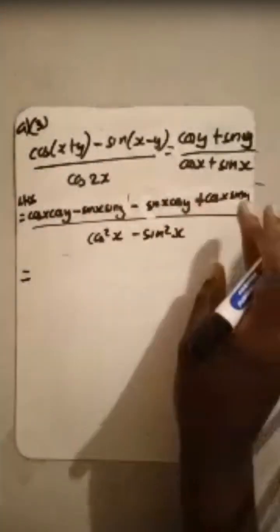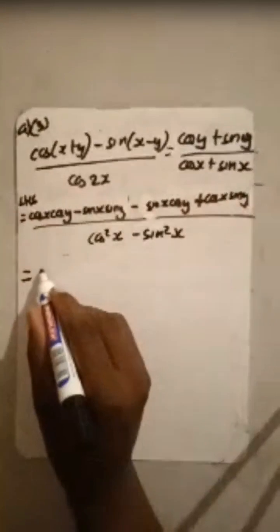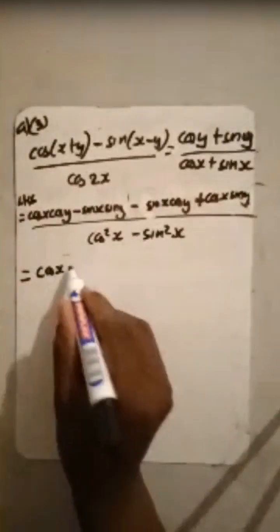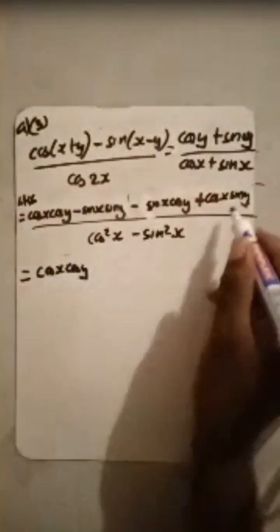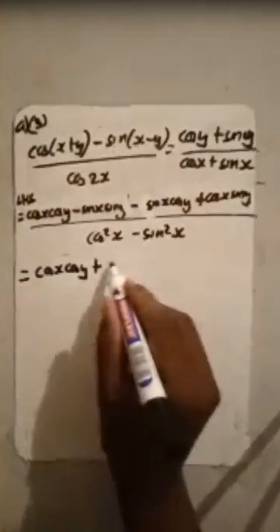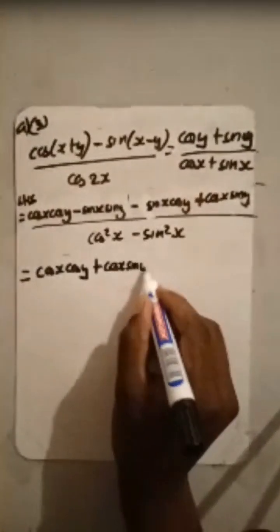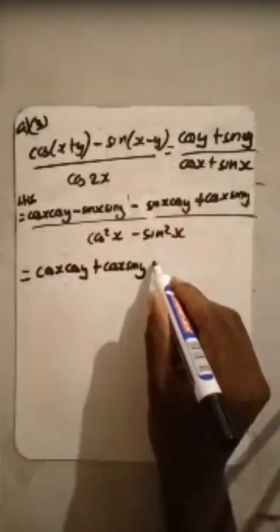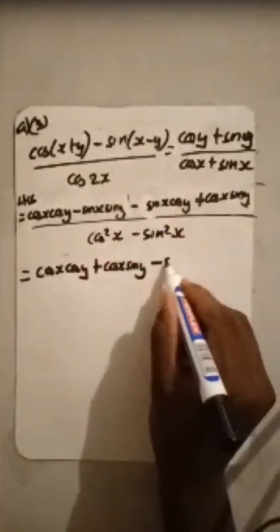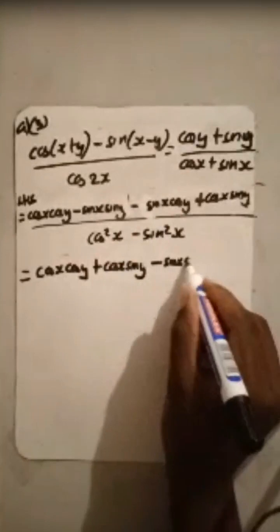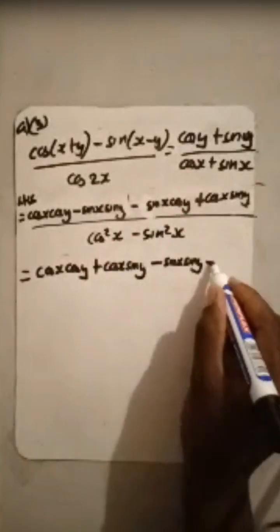So I'm going to take cos x cos y plus cos x sin y. Then these two I am going to take together: minus sin x sin y minus sin x cos y.